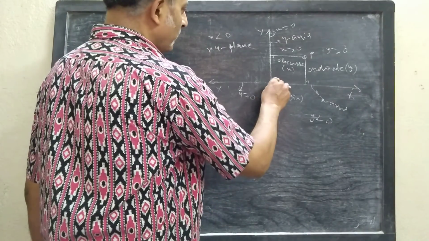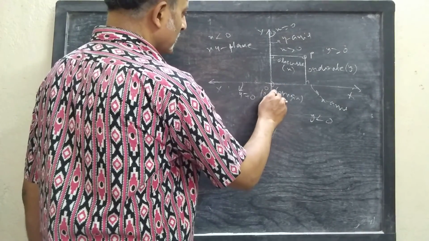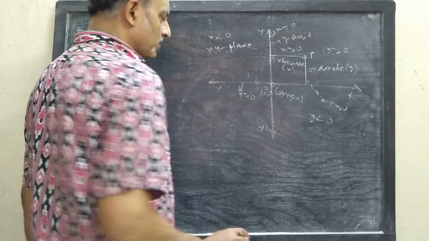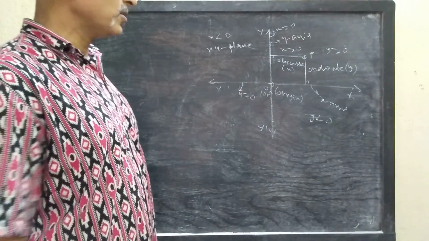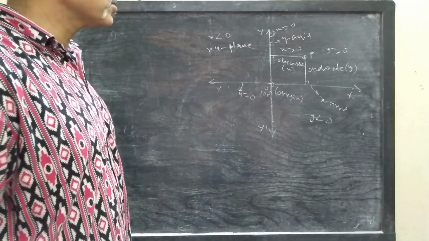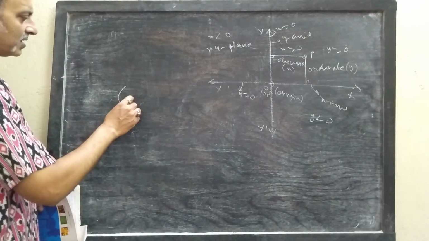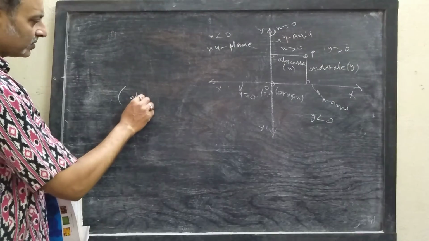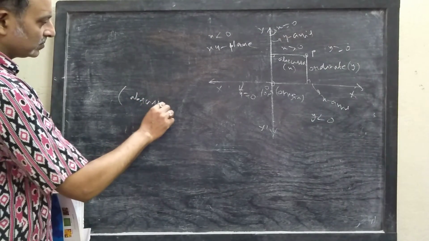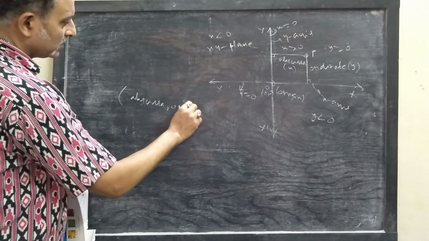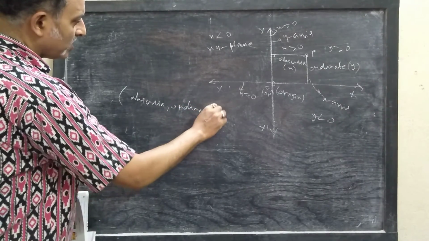Now from the definition, it is obvious that we first define the coordinate of a point. What is the coordinate of a point? The coordinate of a point is an ordered pair formed in this way: abscissa, ordinate.